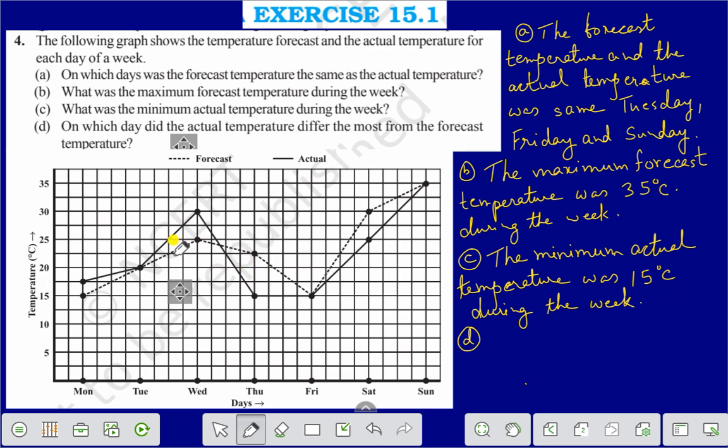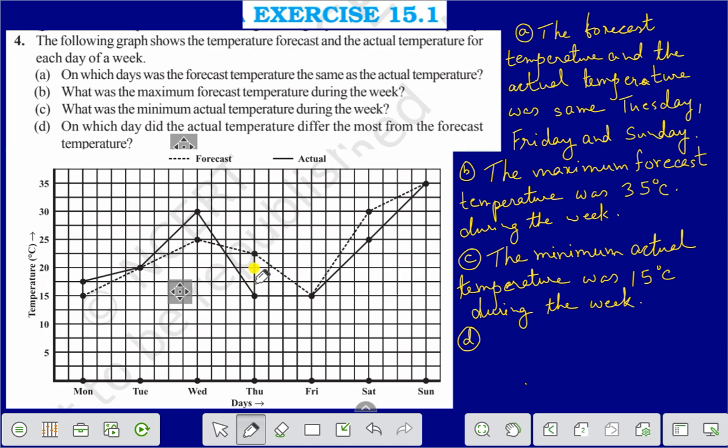Here you see, this point is 20, this is 25, right? Therefore, this point is different, right? Then we see that on Thursday, this is Thursday, right?